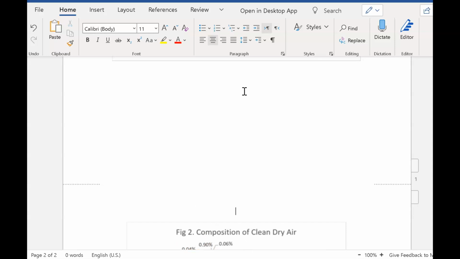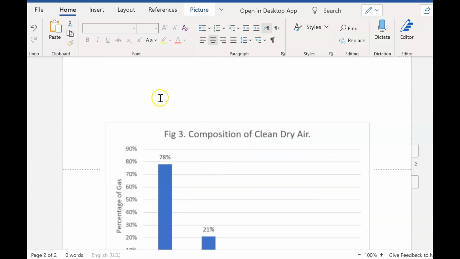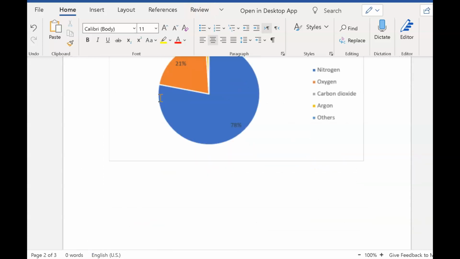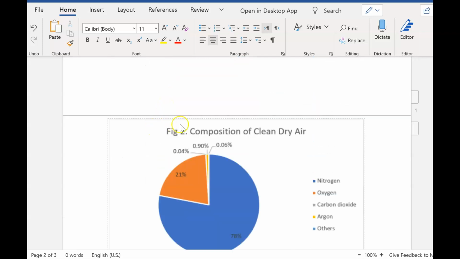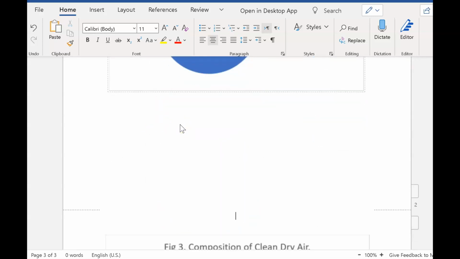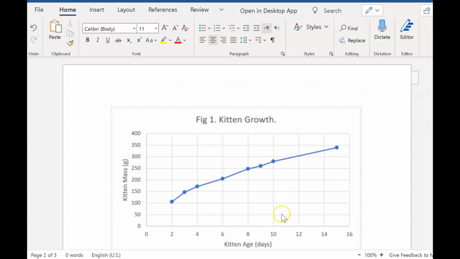I can put each of them on a separate page if I would like. I can make them bigger if I would like. So I have a lot of flexibility in what I can do with those charts in my Microsoft Word, and I can also add text if it is a lab report.